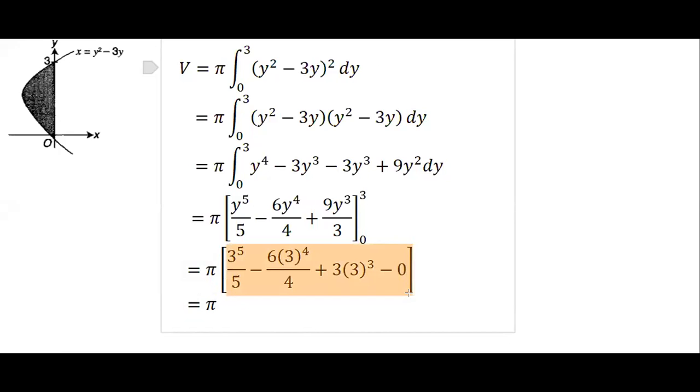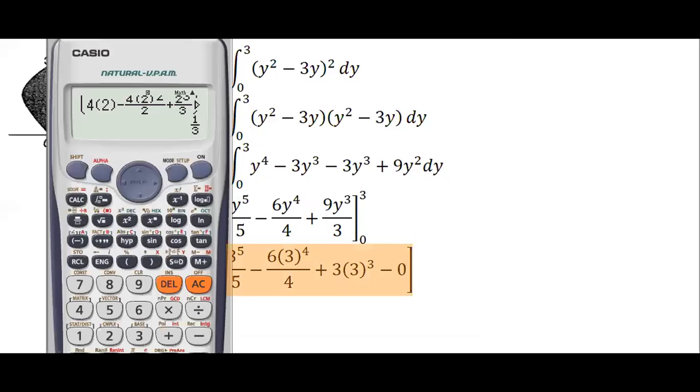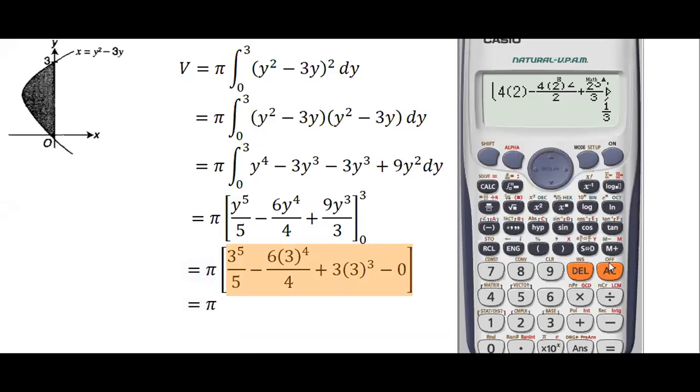Ini jawapan apa? Three power to 5 per 5 minus 6 times 3 power to 4 per 4 plus 3 times 3 cube.